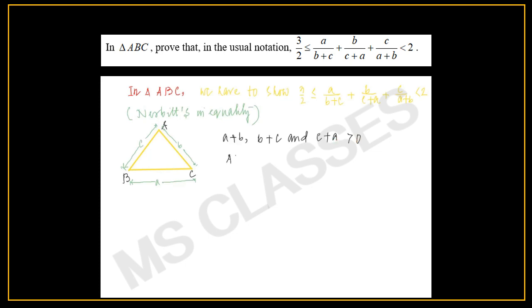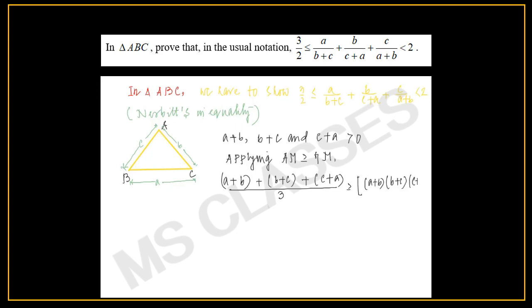So applying AM greater than or equal to GM, a plus b plus b plus c plus c plus a by 3 is greater than or equal to a plus b into b plus c into c plus a to the power of 1 by 3. So just we have taken three quantities and over them we have applied AM greater than or equal to GM, and we mark this as equation 1.